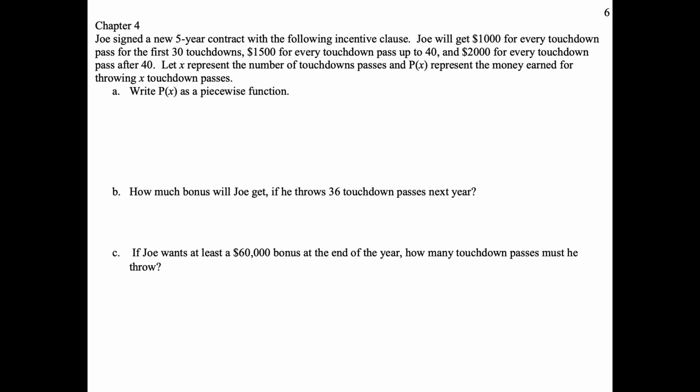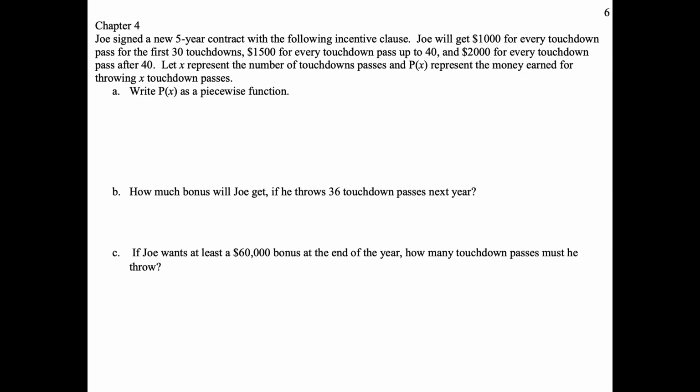Now, that's only 10 touchdowns because the first 30 he gets paid $1,000. Anything after that, each touchdown pass after 30 is worth $1,500. And then once he goes over 40 touchdown passes, they're going to pay him $2,000 for each pass over 40.